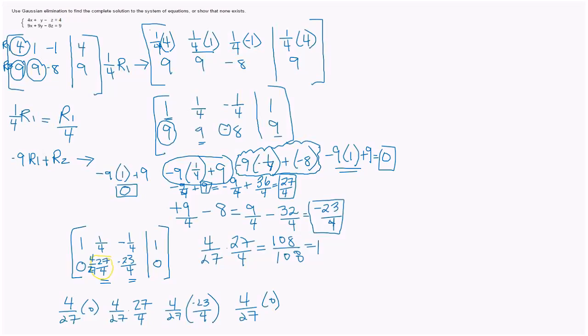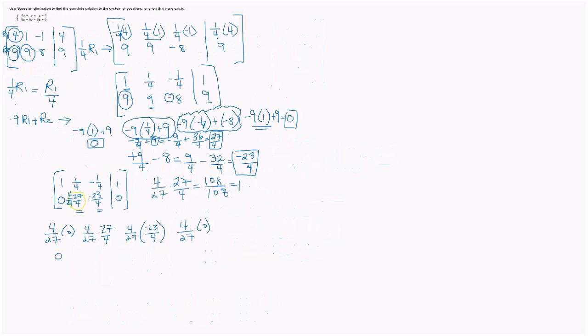4 over 27 times 0 is 0. And then 4 over 27 times 27 over 4, everything cancels out. That's going to be a 1 in our second position.